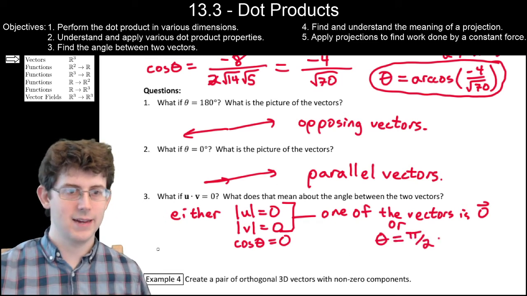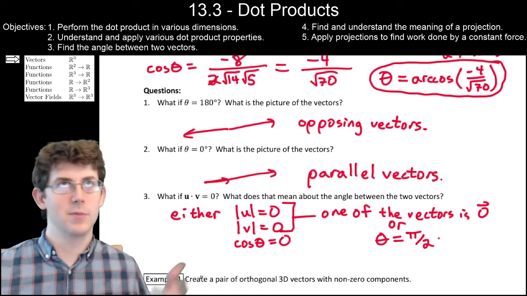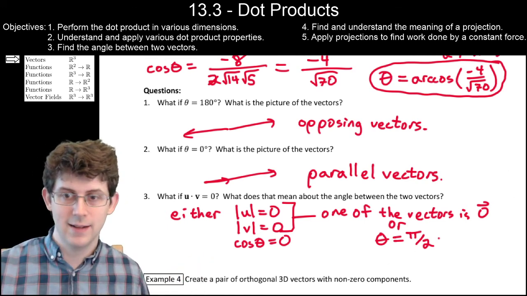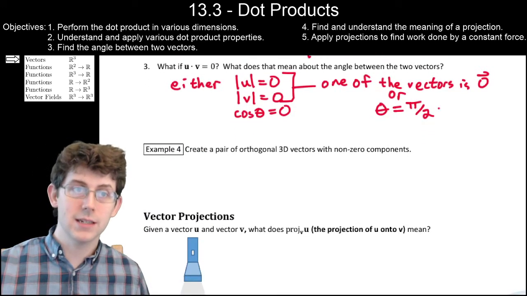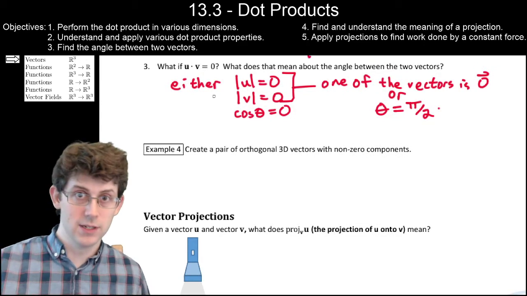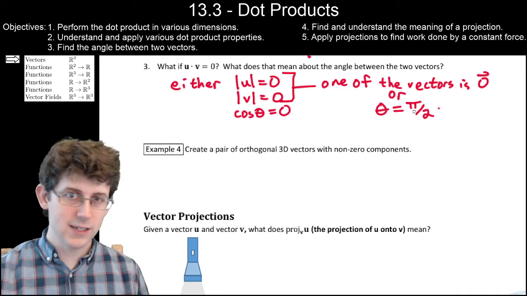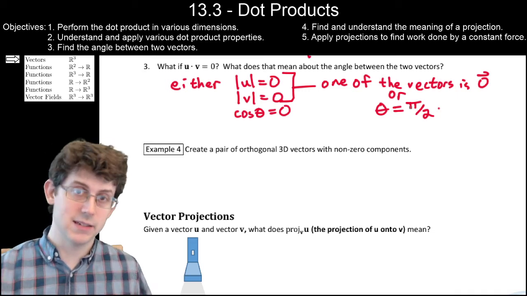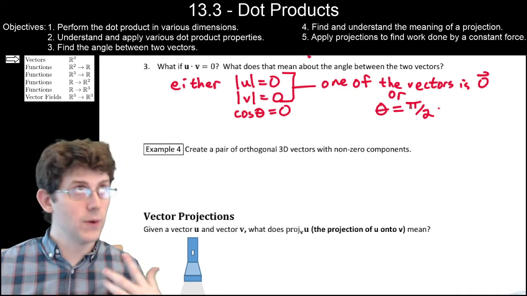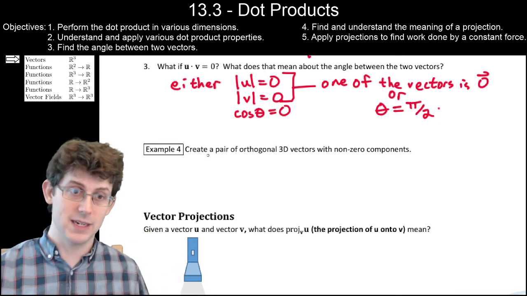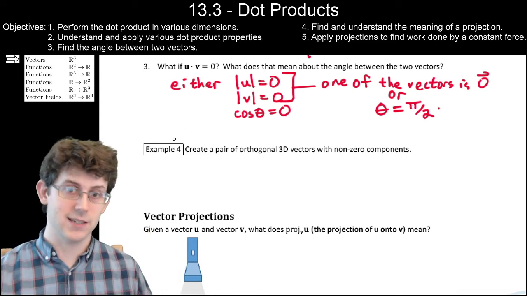This looks like a side fact that we're doing in the middle of the section, but it turns out to be the most important and most commonly used application of the dot product. If two vectors have an angle of pi over 2, that means they're perpendicular to each other. And when we have two vectors that are perpendicular to each other, we have a special word for that. It's called orthogonal.